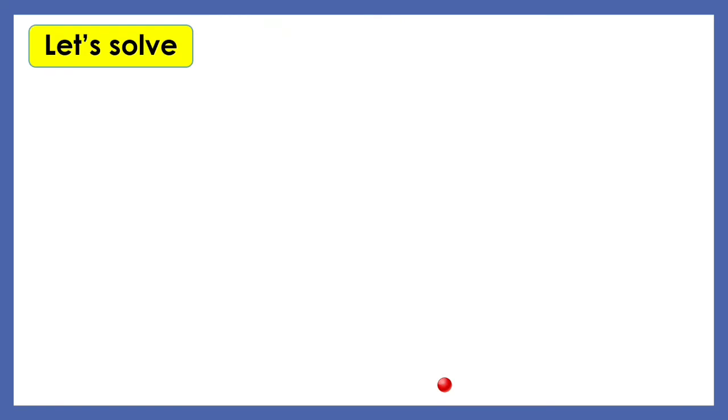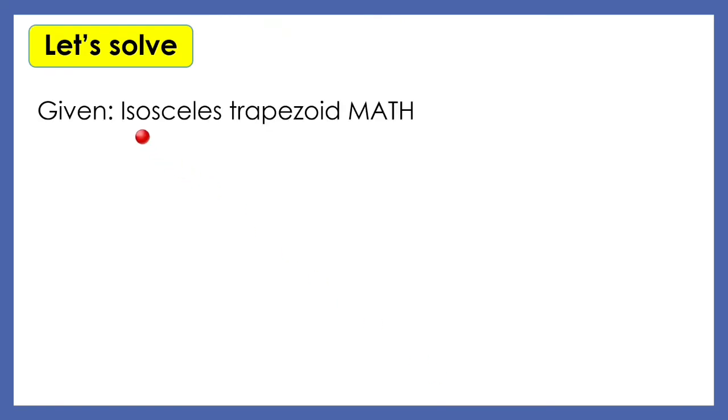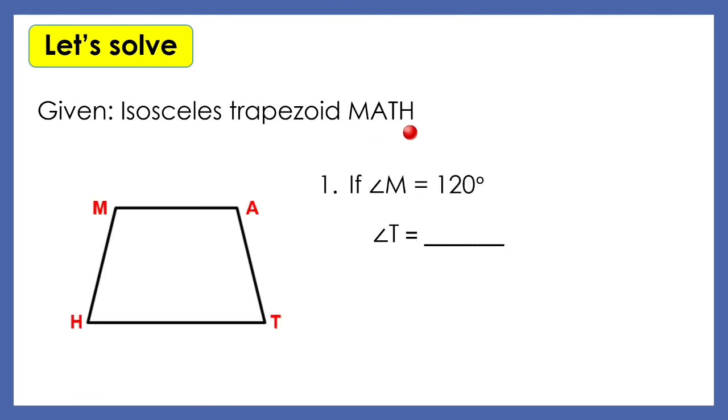Let's solve. Our given is isosceles trapezoid MATH. For number 1, if angle M equals 120 degrees, what is the measure of angle T? So, this is angle M, measures 120 degrees, and this is angle T. So, what is the relationship between the two angles? So, angle M and angle T are opposite angles.